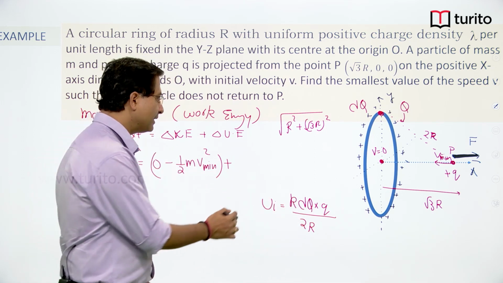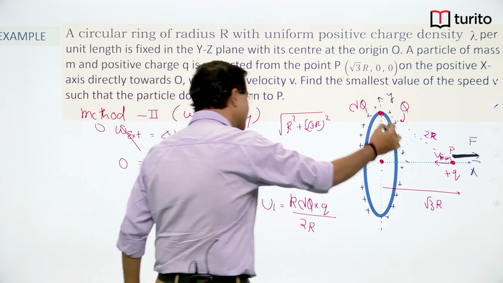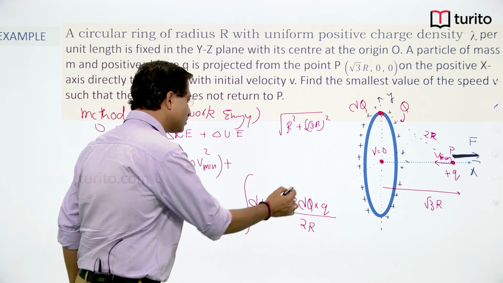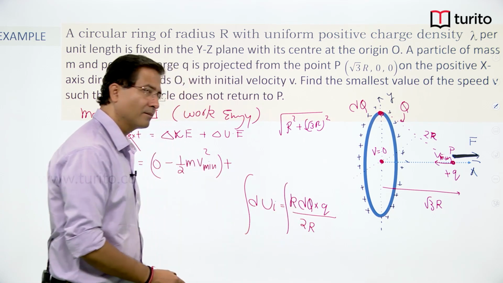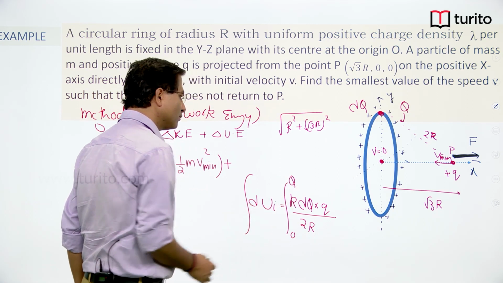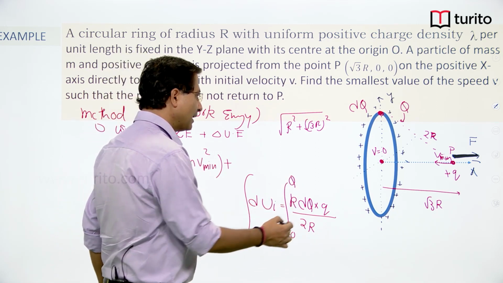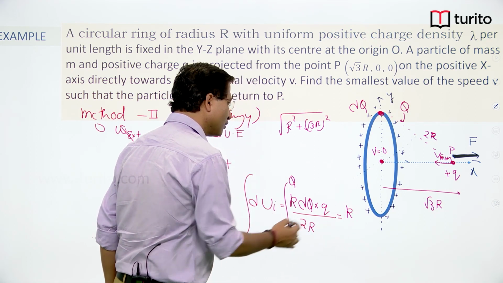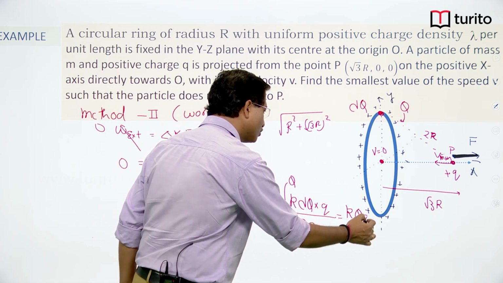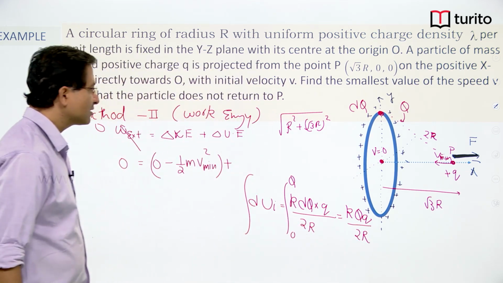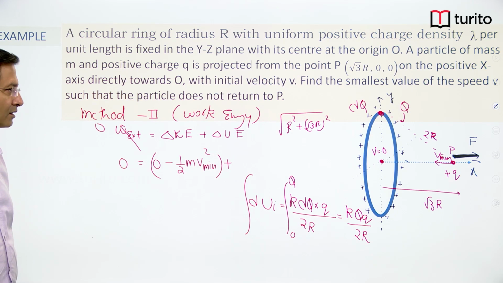So if I integrate to get the total energy associated with this ring and this point charge, I need to just integrate this dq. So limit will be from 0 to capital Q, and this expression will become K Q q divided by 2 R. This is the initial energy.